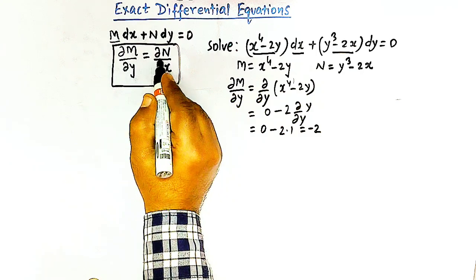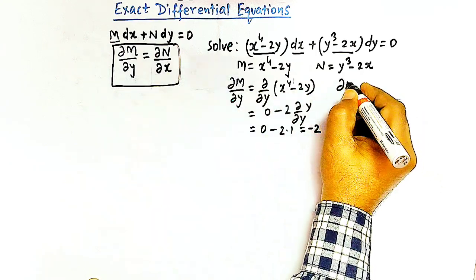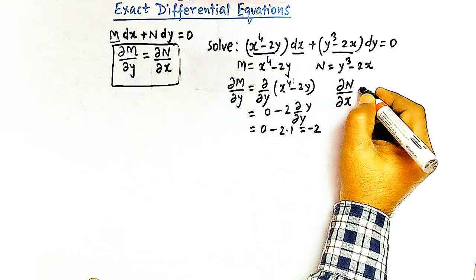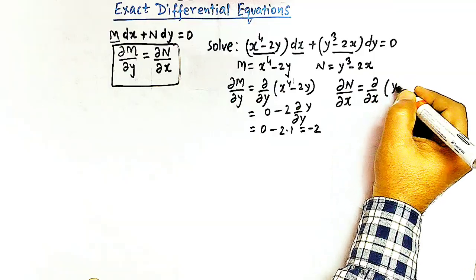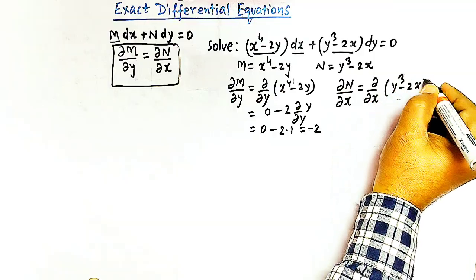Now we have to find del N over del x, that is del over del x of y cubed minus 2x.